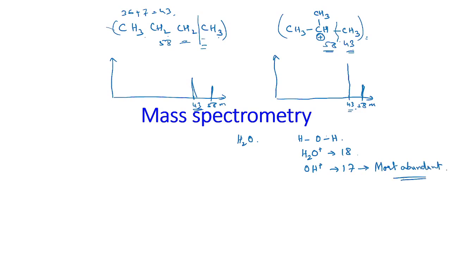That means this charged fragment is more stable. Then at O plus we will be getting one peak, and at 1 we will be getting the H plus peak.